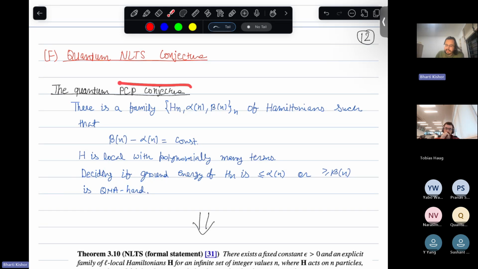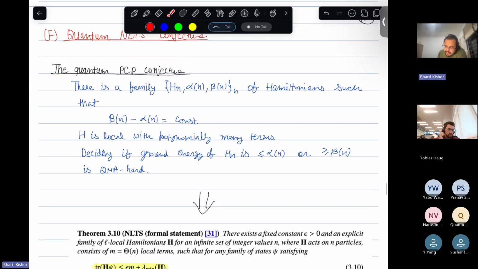This conjecture is related to something more profound, which is called the quantum PCP conjecture. This is still a conjecture; it's arguably one of the toughest problems in quantum complexity theory so far. So what is the quantum PCP conjecture?